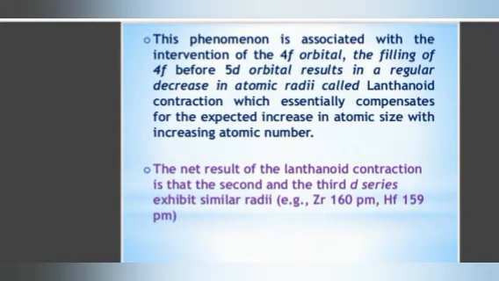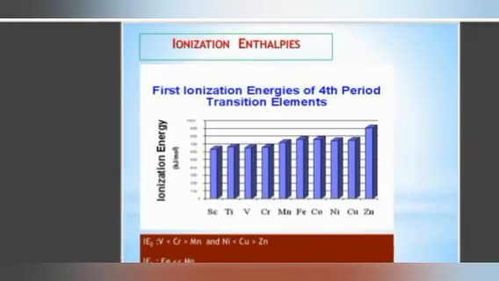The net result of lanthanide contraction is that the second and third d series exhibit similar radii, like zirconium and hafnium. They have almost similar radii due to lanthanide contraction.